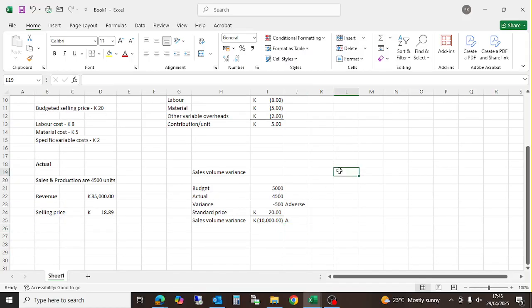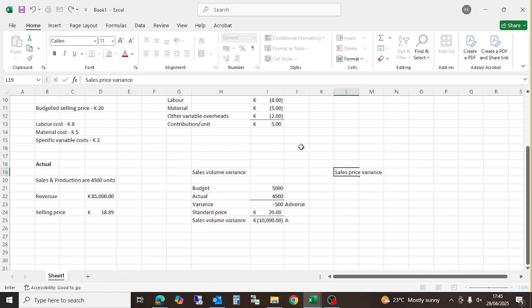But what if they want the sales price variance? Have you seen something like that in a question before, in a past paper? Are we comfortable with the sales volume variance? Yeah, very comfortable.